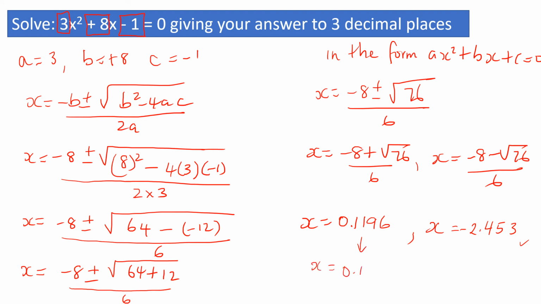Let me draw my line. So this is a 6, so 19 plus 1, 2, 0. So that's my final answer. X is equal to 0.120 or X is equal to negative 2.453. And our answer is given to 3 decimal places.